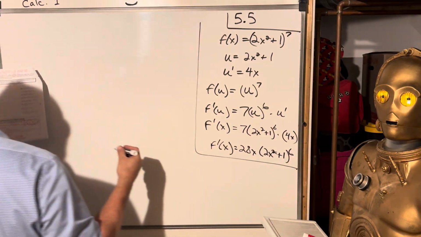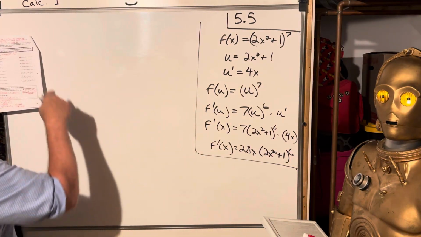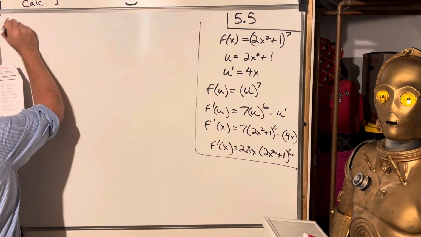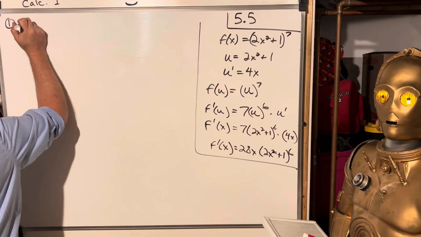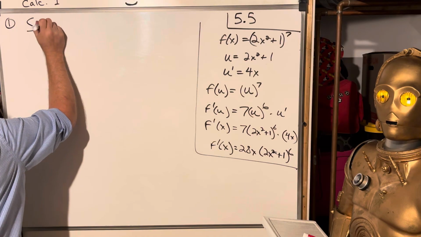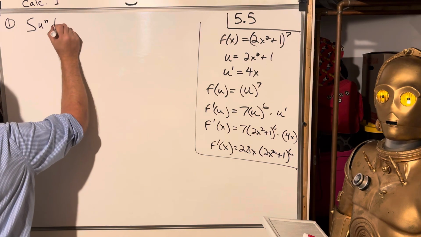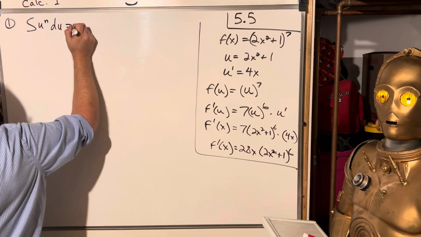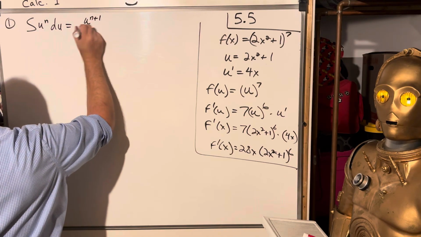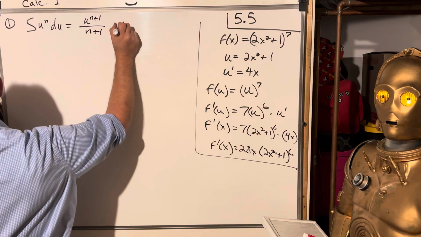So a couple of things you should know. There's 17 integration rules here. Let's highlight the ones you should have pretty much down pat. Integral of u to the n du. So number one, definitely you should have this mastered, memorized, what have you.